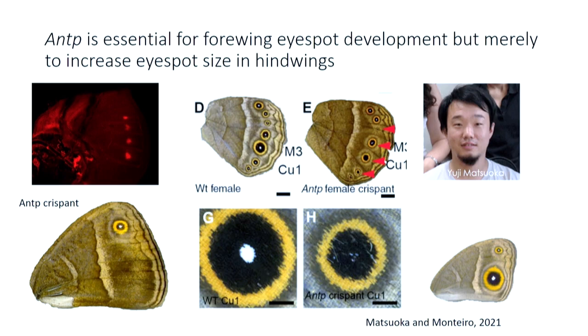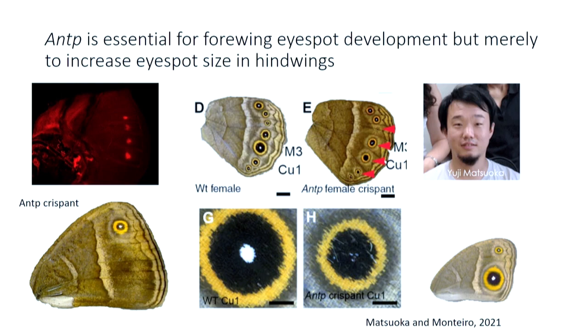But in the butterflies with eyespots and in specific lineages, remember antennapedia was one of those late genes to get added to the network. It was not essential for eyespot development, at least in Bicyclus anynana. When we knock it out in forewings, we do get eyespots being removed altogether.